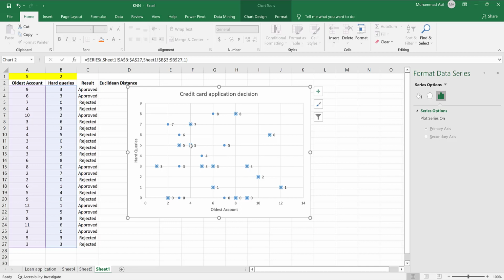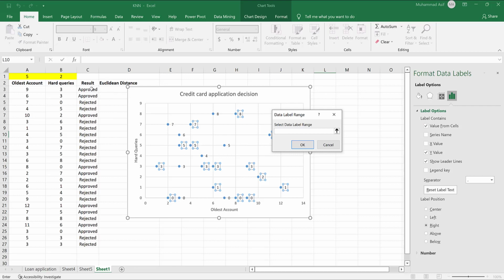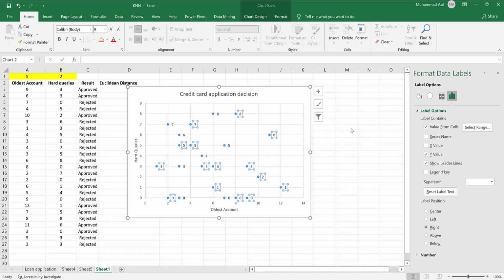Again, I click on format data labels, and then I say value from cells, and from this cell, that's results, and I click OK. Okay, so these decision labels appear, but it's still showing these value numbers.